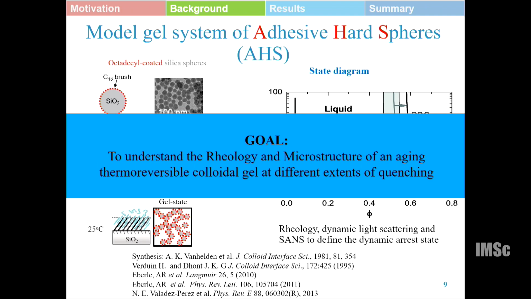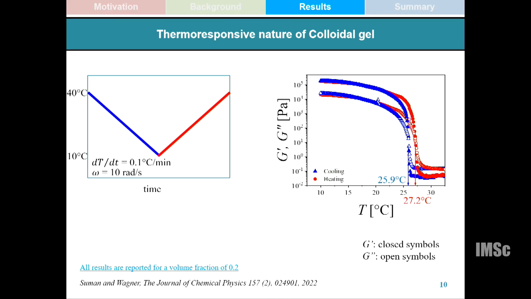So now we have a system in hand and we know it is thermoresponsive in nature. We do a simple experiment to characterize its thermoresponsive nature: we subject it to a temperature ramp down and then up cycle, and we see the corresponding changes in the moduli, G prime and G double prime, as a function of temperature. As evident, initially at higher temperatures, the value is quite low.